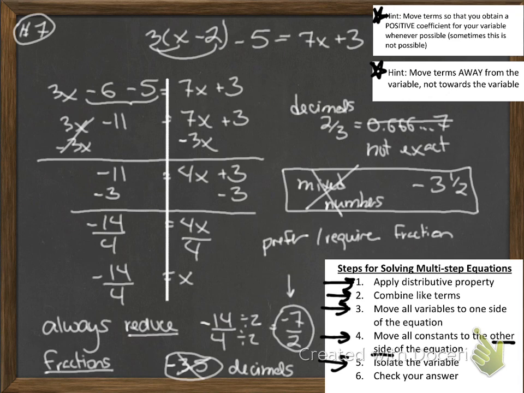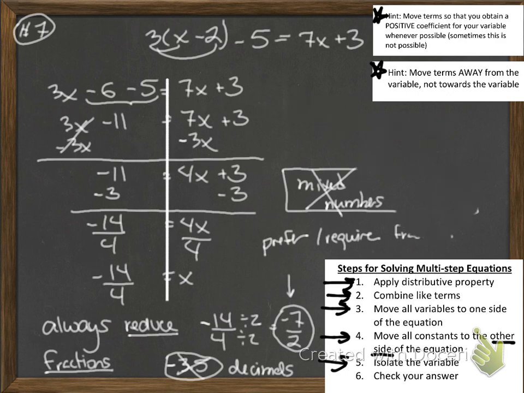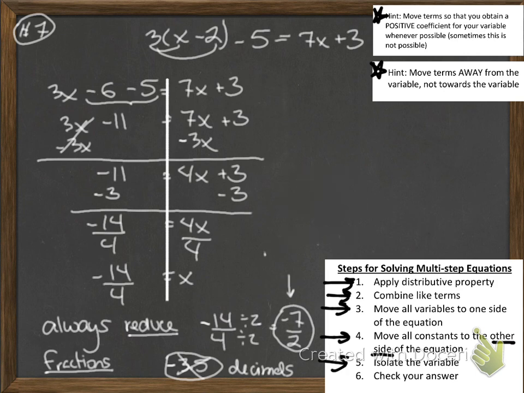So just for the sake of argument, let me erase this so I have some room here. Let's substitute negative 7/2 into the original equation and check our work. So we have 3 times the quantity negative 7/2 minus 2, minus 5, equals 7 times negative 7/2 plus 3.